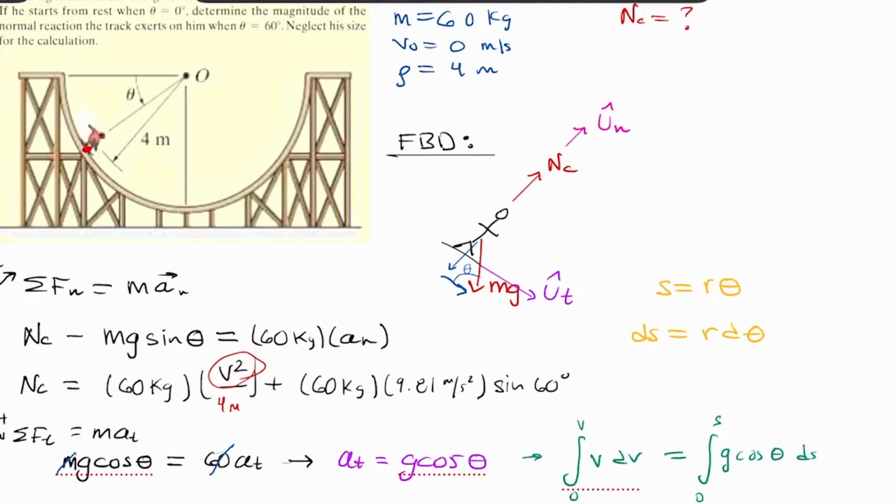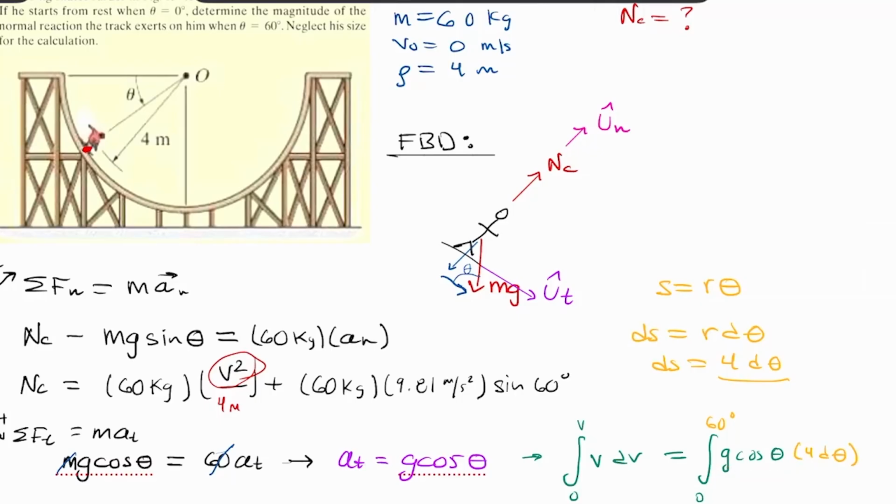So then we can replace that ds in our integral with the radius, which is 4, d theta. So this will be from 0 to 60 degrees cosine theta times 4 d theta.